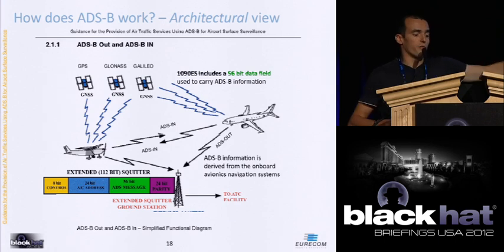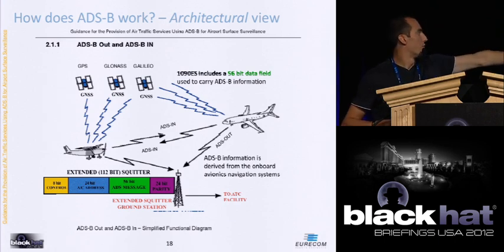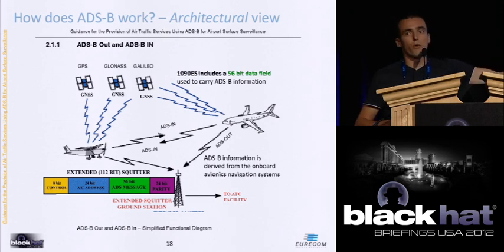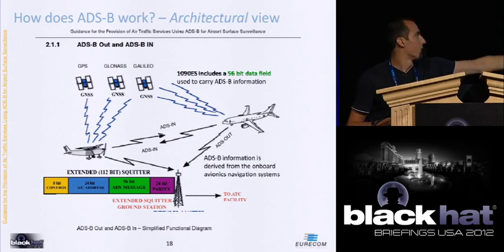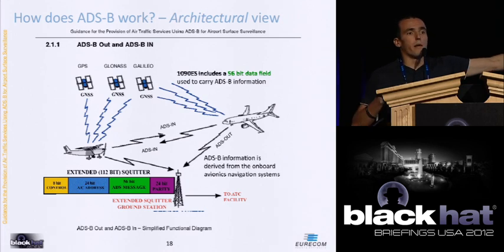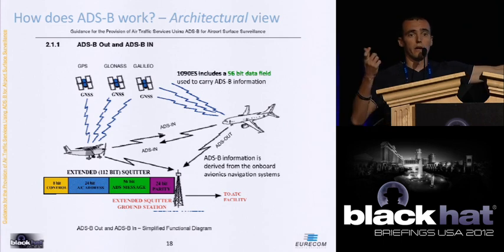Okay, and the very high level format of the data is either 56 bits or 112 bits, and in general the most information is contained in the 112 bit frame. I'll discuss it a little bit down the road, but it has some address, which is basically like a hardware MAC address of the airplane, but it's an address of the aircraft assigned by some international organization.